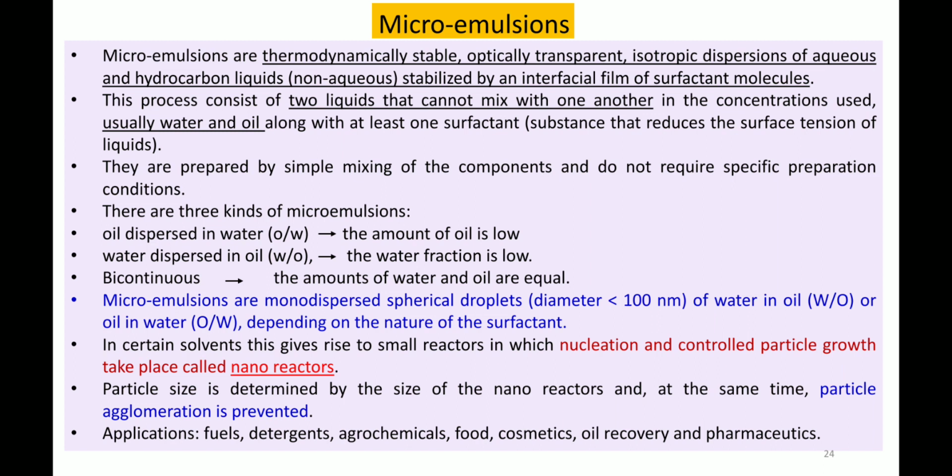If the size of the nanoreactor is 10 nanometer, then the size of the particle is near to 10 nanometer. So depending upon the size of this micelle nanoreactor, you can control the size of the particle.